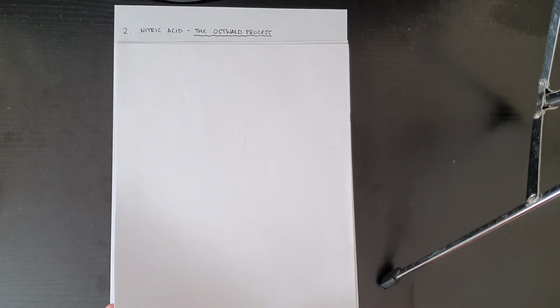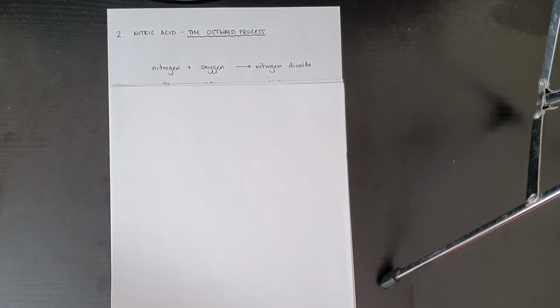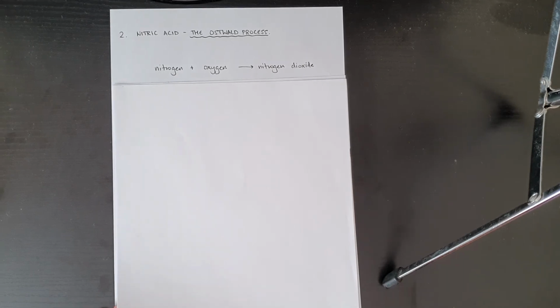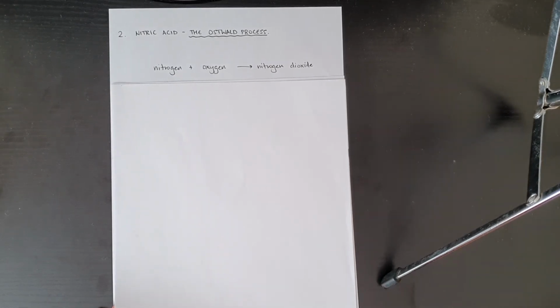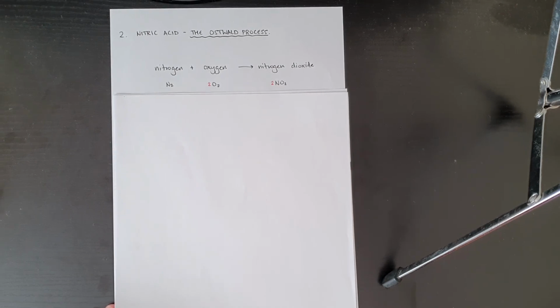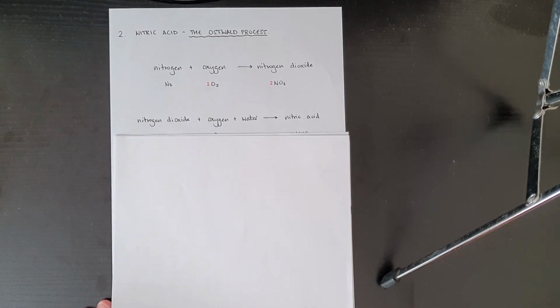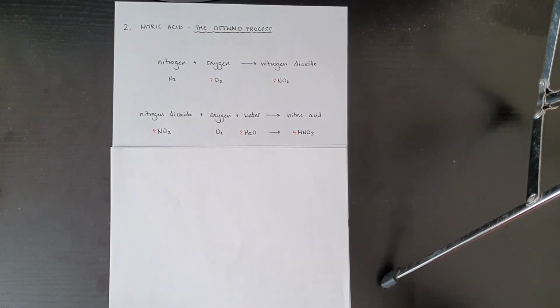But we have our nitrogen and oxygen, if we think about exactly what happens from the very beginning, and they form this nitrogen dioxide. For this reaction at National 5, we don't have to know the specific chemical equations, but I've written in the formula anyway. And then, as I mentioned, that all-important nitrogen dioxide is then basically reacted with more oxygen and some water, and that is how we form our nitric acid.